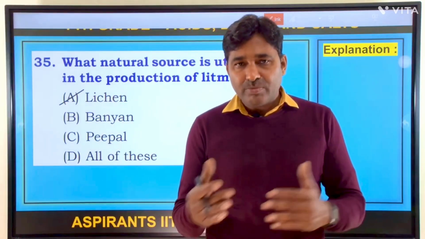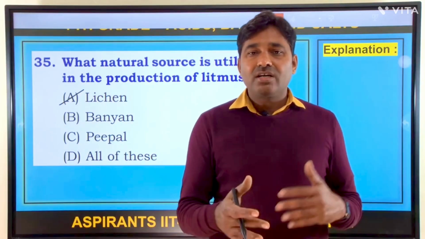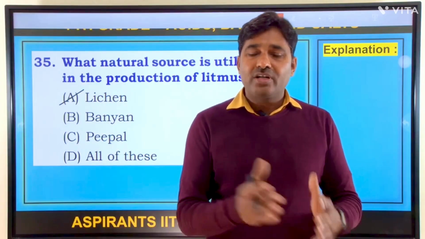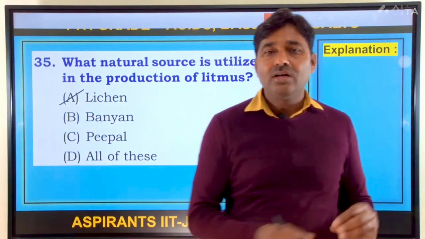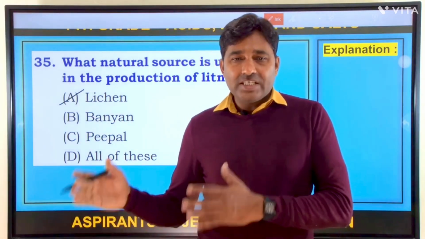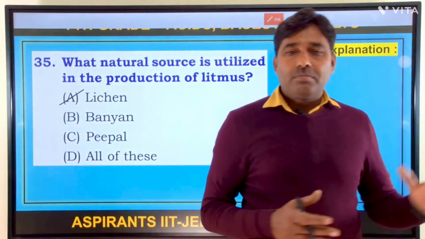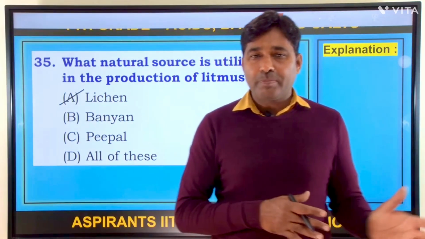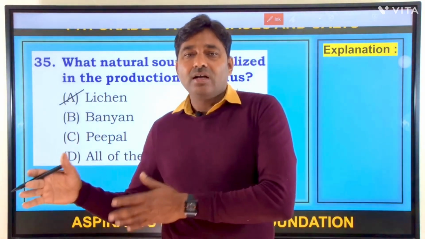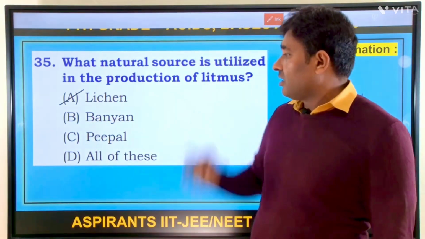That compound is mixed with chalk. Then the resultant is powdered again, and that powder is mixed with water or ethyl alcohol. That is the litmus solution. If it is impregnated with paper, that is litmus paper. In that way, we prepare litmus solution and litmus paper using lichens.